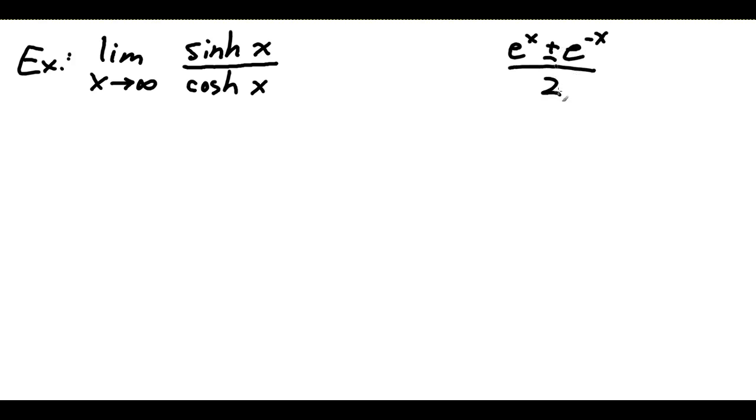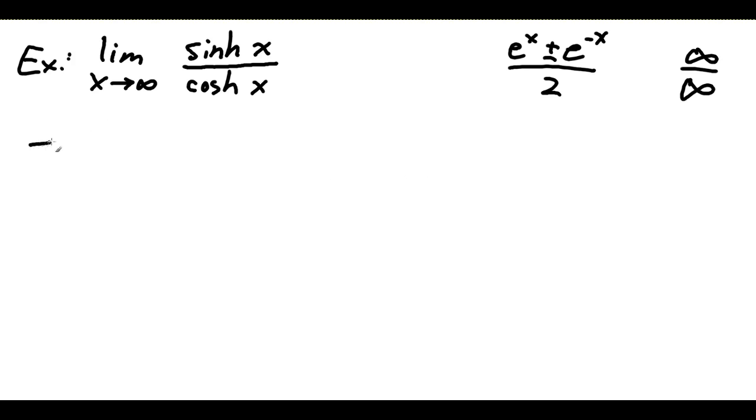Cosine will be plus because it's an even function, sine will be minus because it's an odd function. In either of these cases, as x approaches infinity, e to the negative x is approaching 0, e to the x is approaching infinity, so sinh over cosh has an infinity over infinity indeterminate form, right?